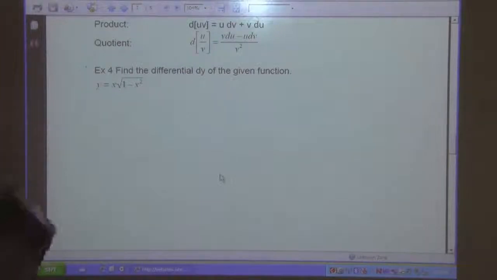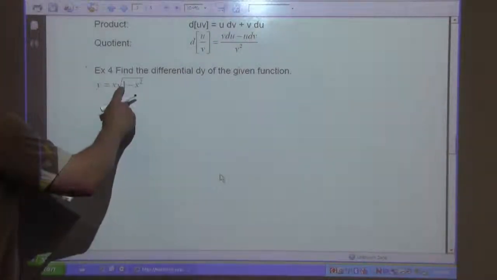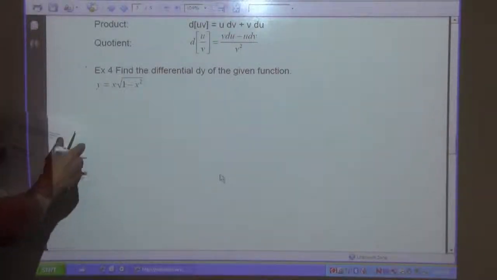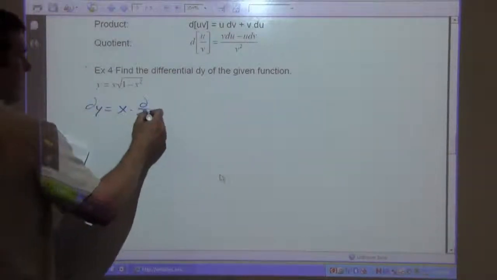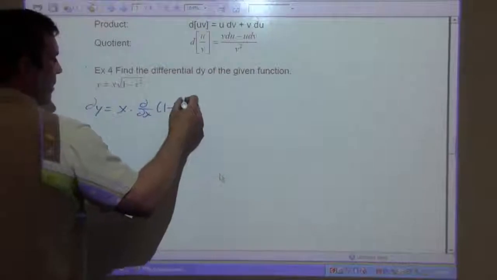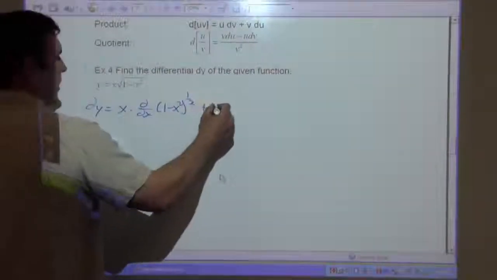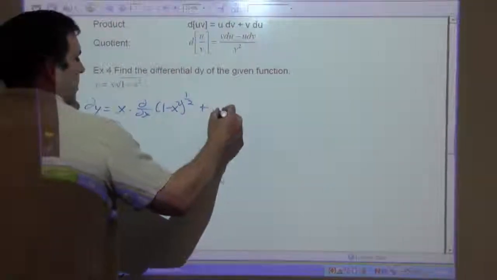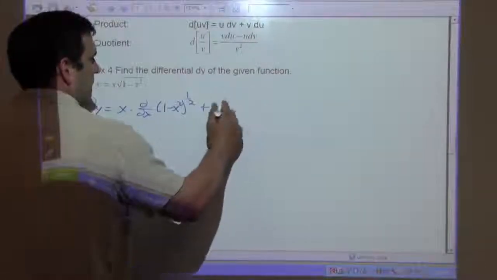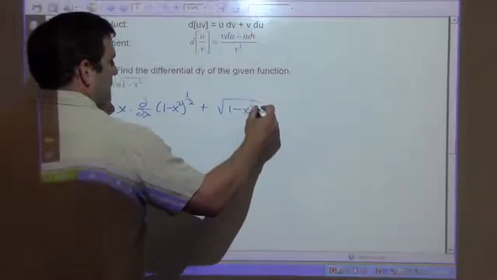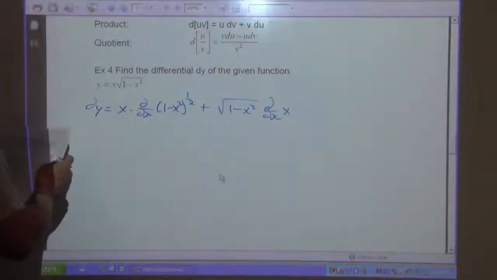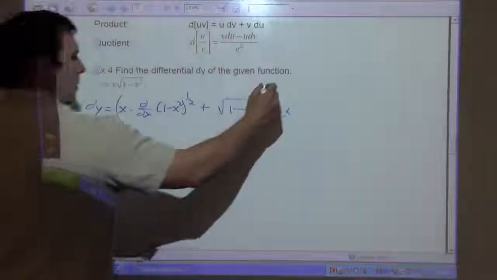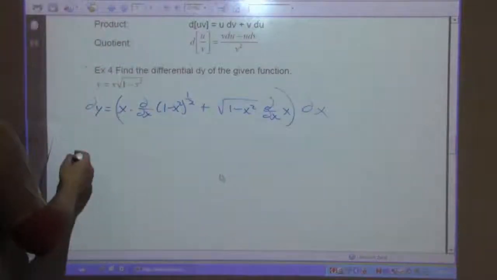So for number 4 it says, find the differential dy of the given function. So y equals x times the square root of 1 minus x squared. So dy would be x times d/dx of 1 minus x squared to the 1/2 plus the square root of 1 minus x squared times d/dx of x dx.